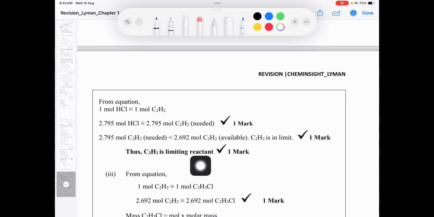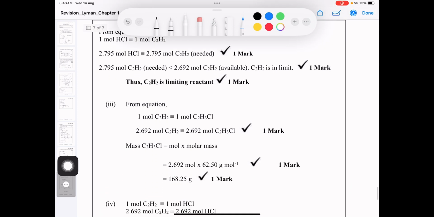So question number 2 is 3 marks. 1 mark for calculating the number of moles of C2H2 needed, and then we compare it with the C2H2 available. And then another mark for the statement that C2H2 is the limiting reactant.